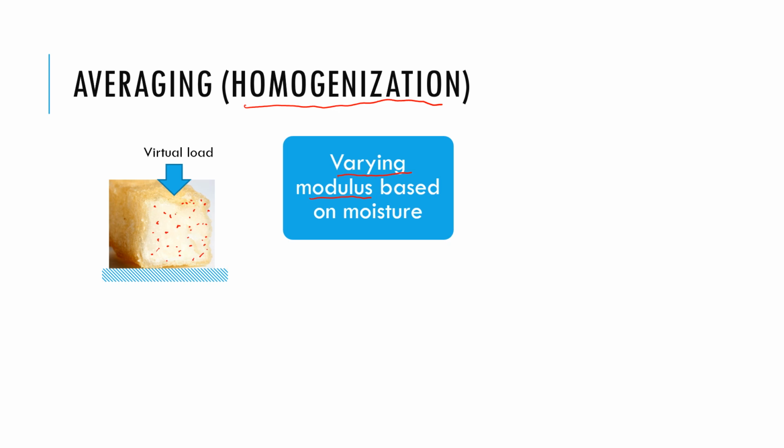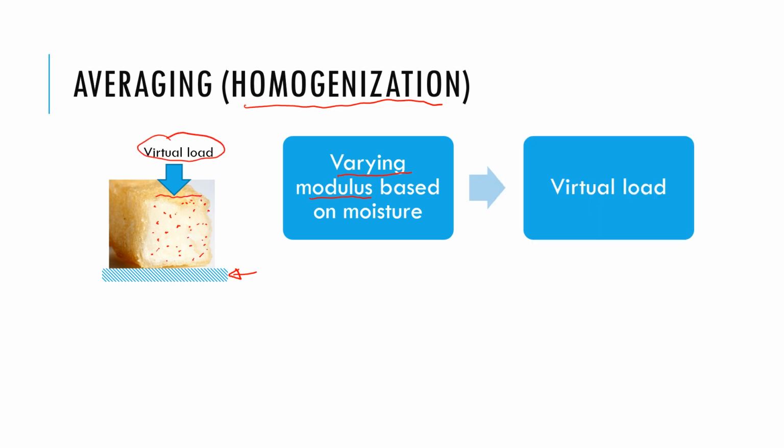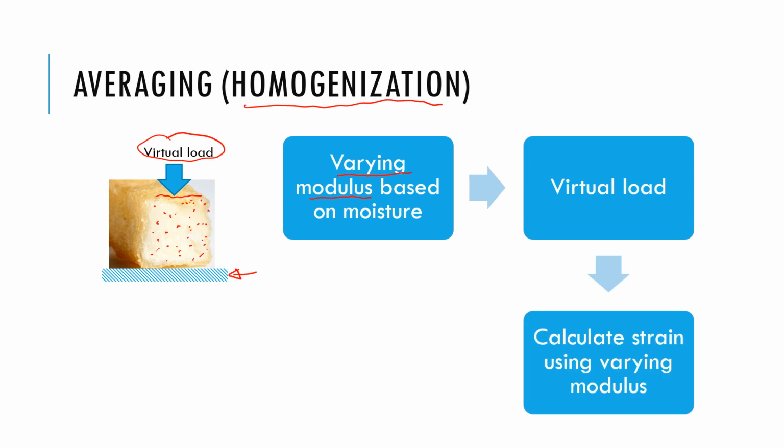And now I apply a virtual load, meaning in a computer model, I give this boundary condition, fix this end, and apply a load here. With that virtual load, using the varying modulus, I calculate how much strain is going to happen.